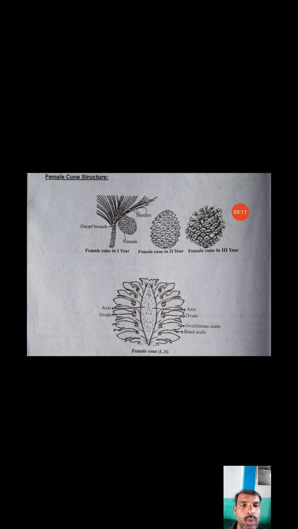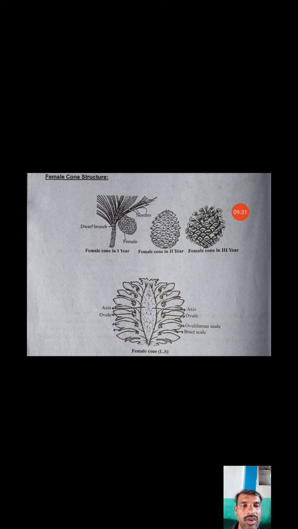See, like the male cone, the megasporophylls are also arranged spirally. These are called bract scales, which are leathery. The ovuliferous scale develops from the upper surface of the bract scale and bears two ovules in the upper position, as two small swollen regions.